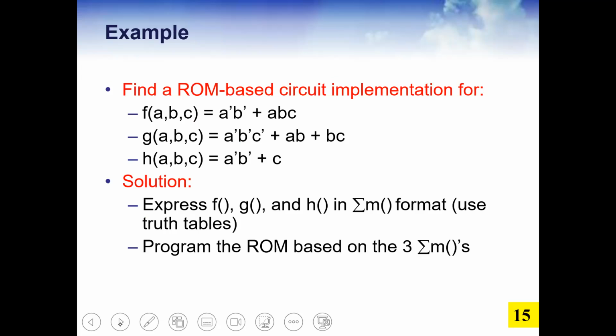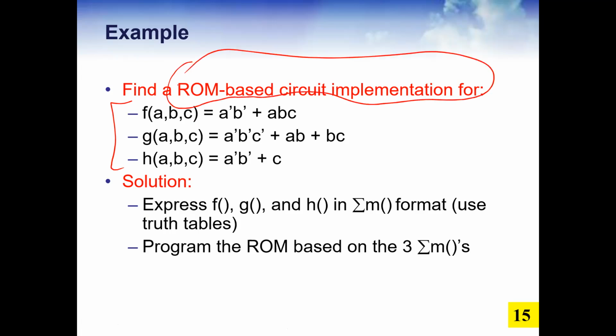Other than this, ROM can also be used to design multiple functions, same as the decoder. We have seen already how we can use a decoder to design a function. We can also use the ROM implementation to, for example, implement 3 different functions. So we have given 3 different functions, and they ask you to use the ROM-based circuit implementation and design them.